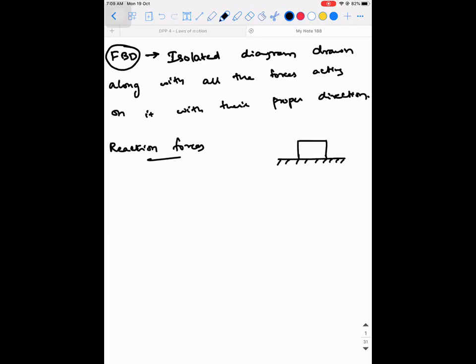Forces acting on whom? The block or the floor? The floor. Okay. If you talk about the floor, the block will try to exert a force of mg in the downward direction.